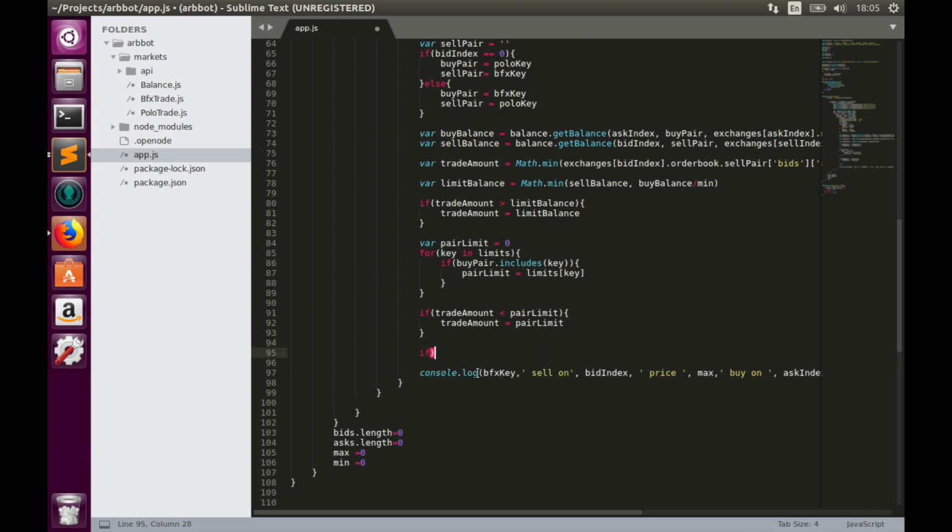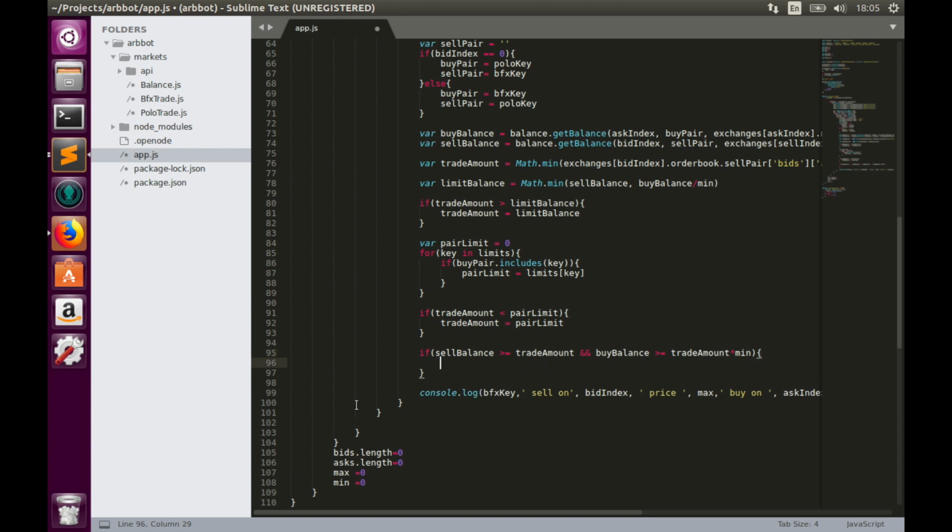So if sell balance is greater or equal to trade amount, and buy balance is greater or equal to trade amount multiplied by lowest ask price, then we can perform the trade. So we can copy this row, cut it, and paste here.